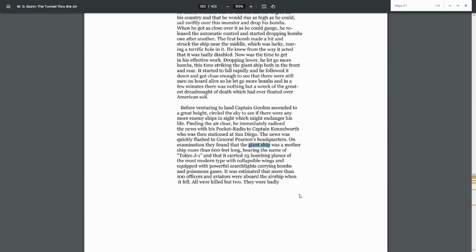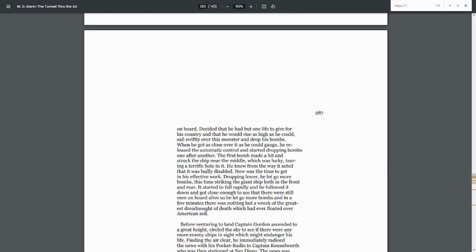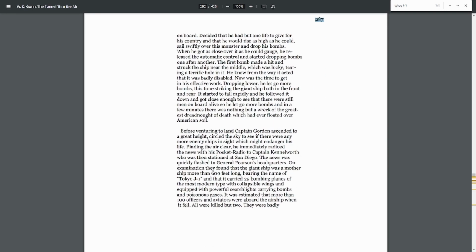It was estimated that more than 100 officers and aviators were aboard the airship when it fell. All were killed but 2. You can check this page 287 and look for some hints, maybe you can figure out this cycle.